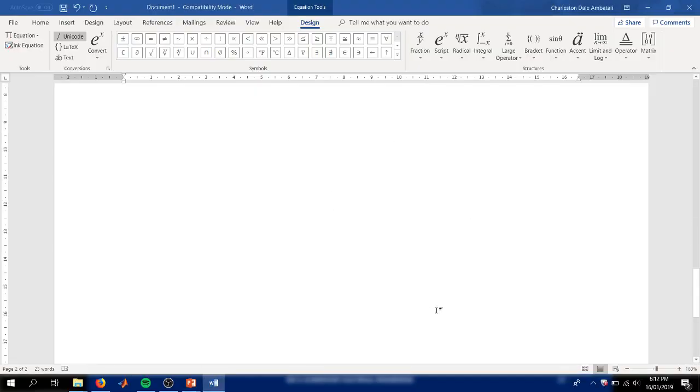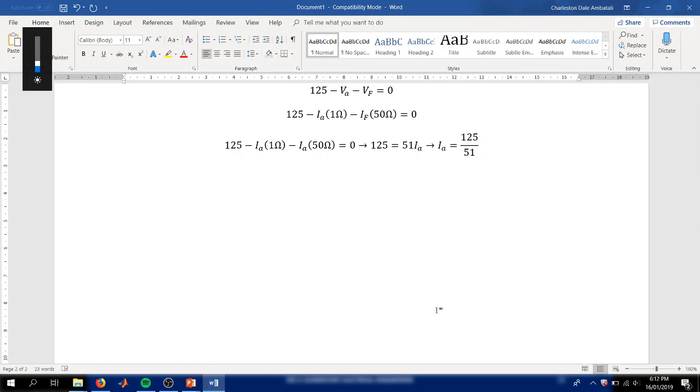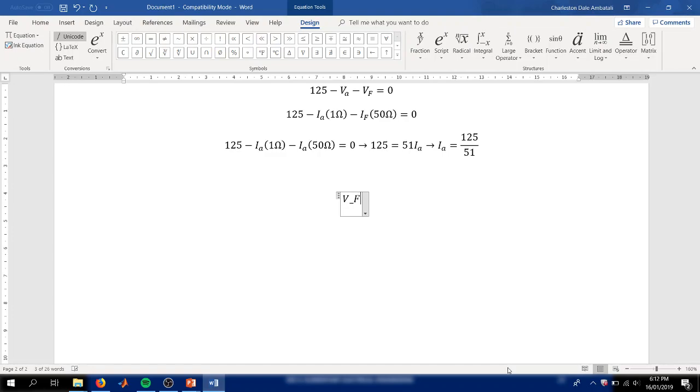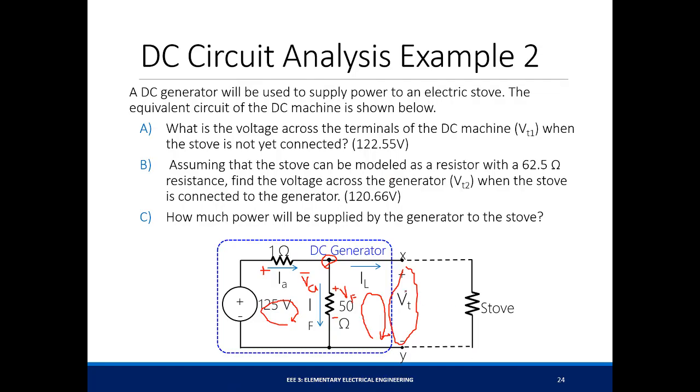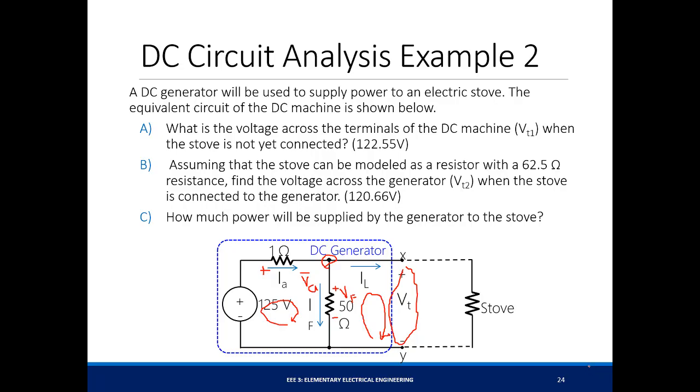Okay, so let me just type that. So negative to positive, that's VF. Positive to negative, negative VT. And now we're back on the same point, therefore that is equal to 0. So simplifying that, we get VT equals VF. There you go. VT is now equal to VF.